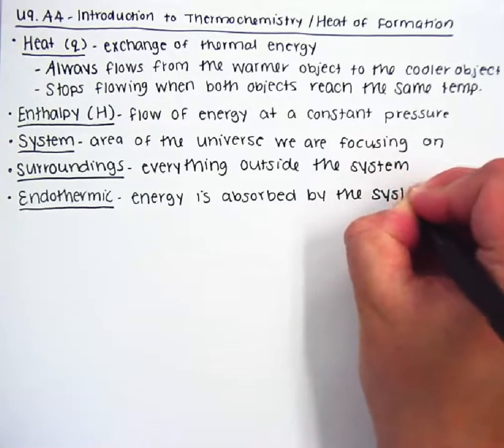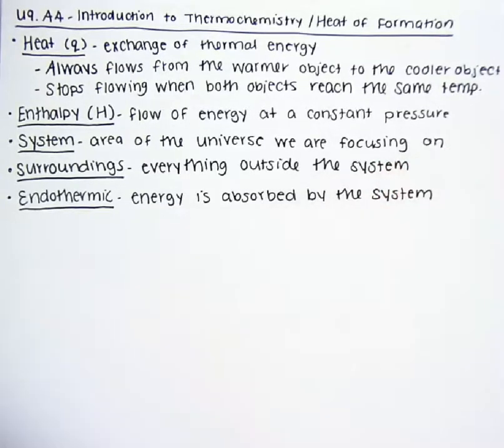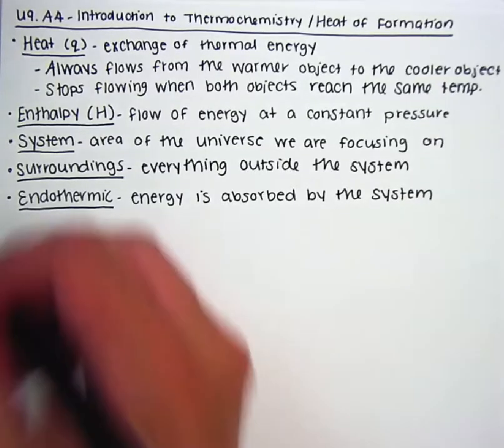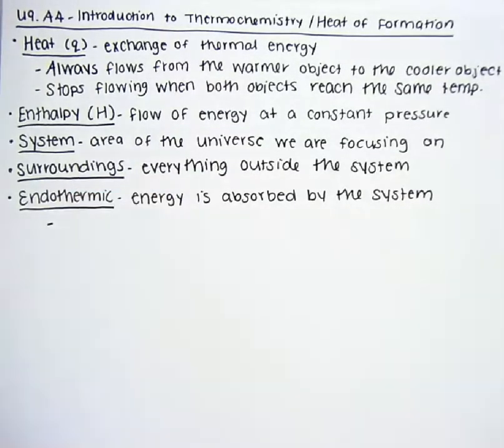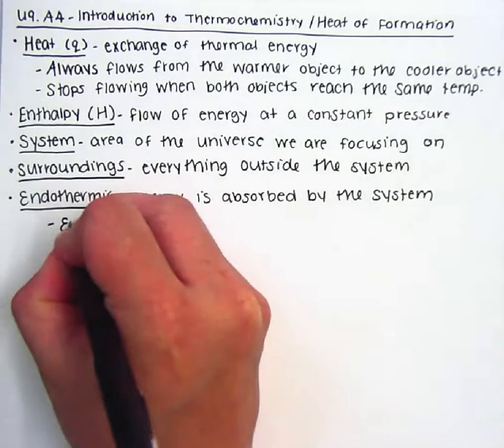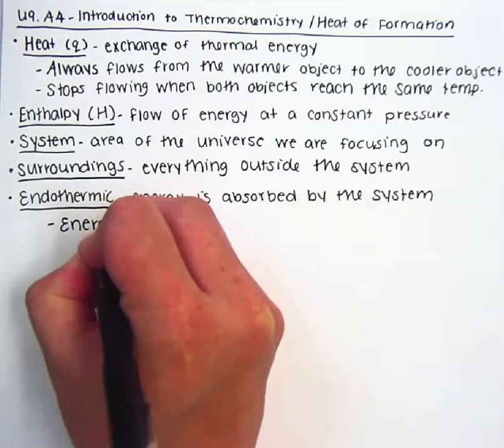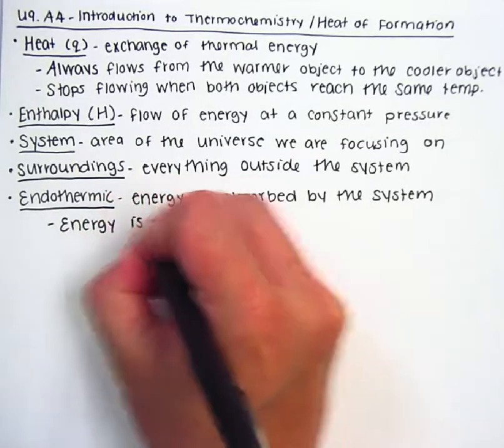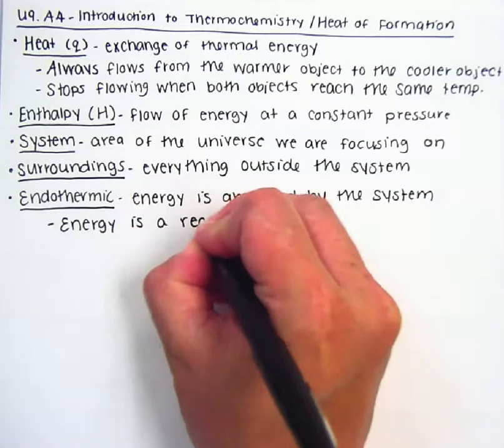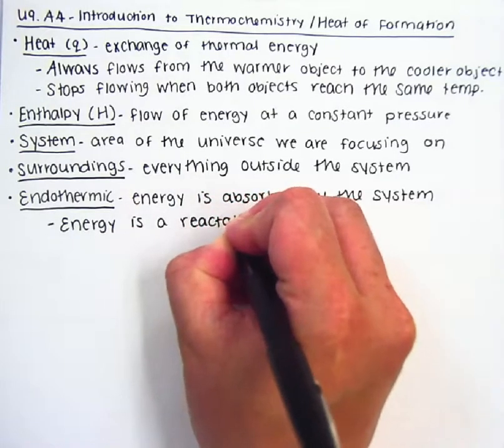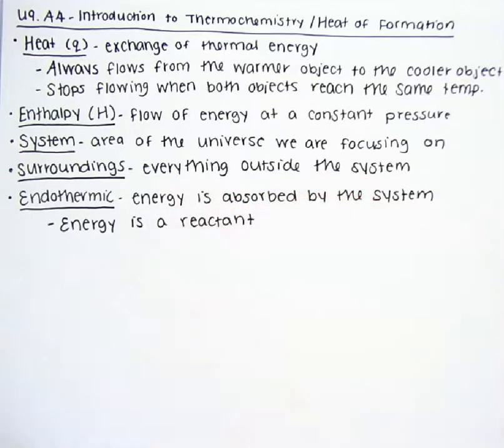So if the coffee cup is the system, heat is flowing into that cup, that would be an endothermic process. We know from our unit on Le Chatelier's principle that if it is an endothermic reaction, we think of energy like a reactant. Endo meaning enters. Anything that goes into the system is like a reactant.